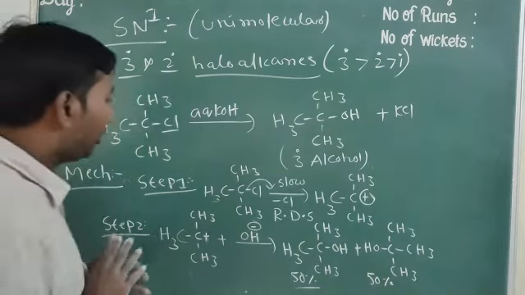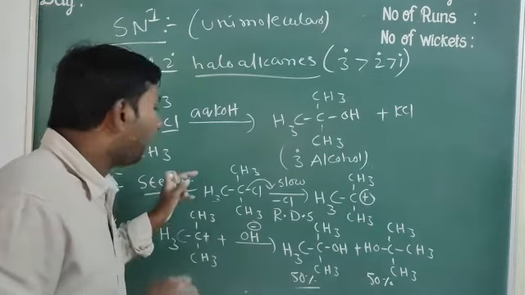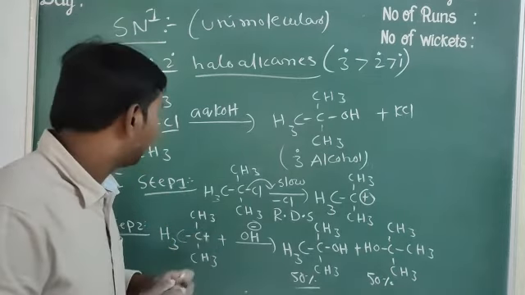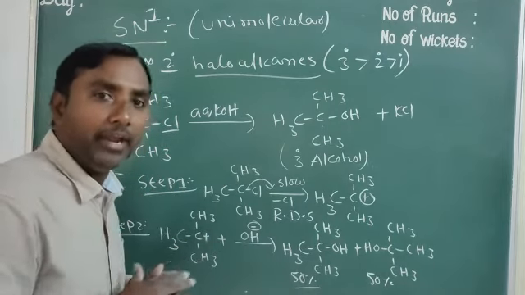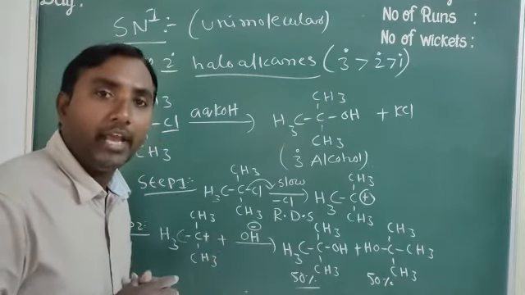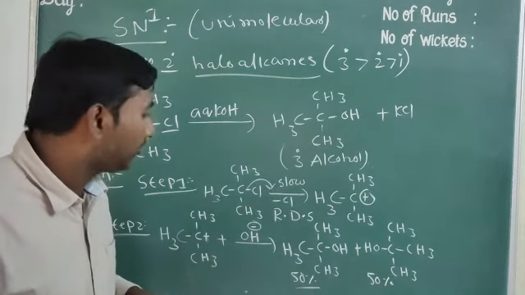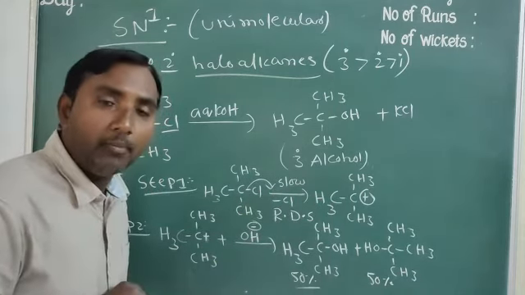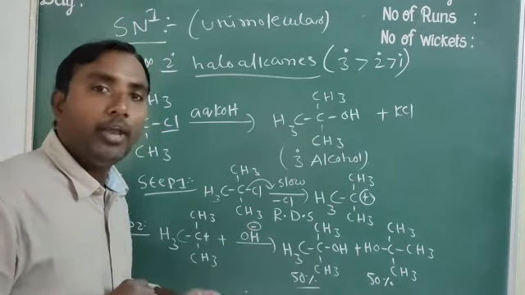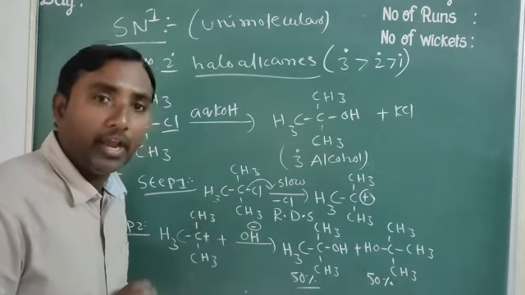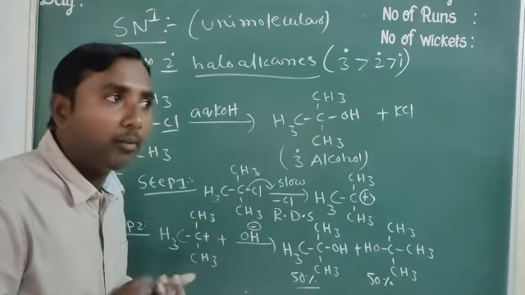If you observe the SN1 mechanism, it involves two steps. Step 1: the leaving group is eliminated while the carbocation forms; that step is called the slow step or RDS. After carbocation formation, in the second step the nucleophile OH minus attacks the carbocation.